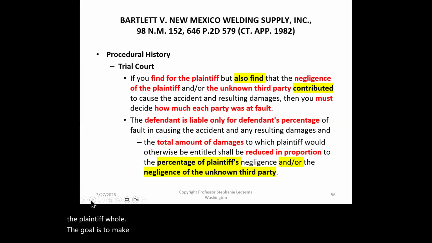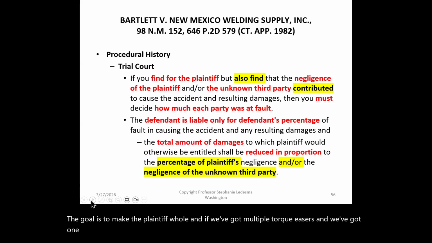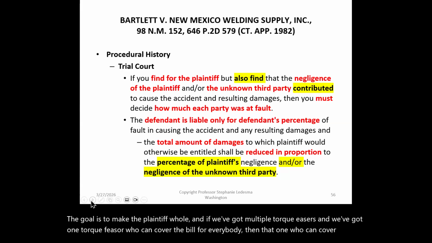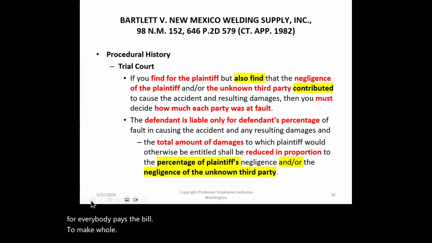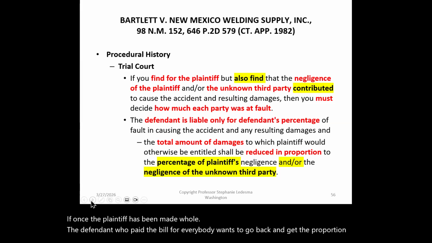And if we've got multiple tortfeasors and we've got one tortfeasor who can cover the bill for everybody, then that one who can cover the bill for everybody pays the bill to make whole the plaintiff. Now, once the plaintiff has been made whole, the defendant who paid the bill for everybody wants to go back and get the proportion that the other defendants owed, they can do that.